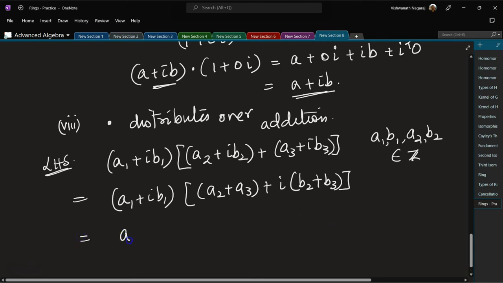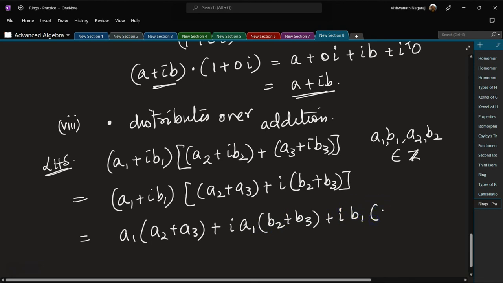So what do we get? a1 times a2 plus a3, plus i a1 times b2 plus b3, plus i times b1 times a2 plus a3, and finally plus i squared b1 times b2 plus b3.